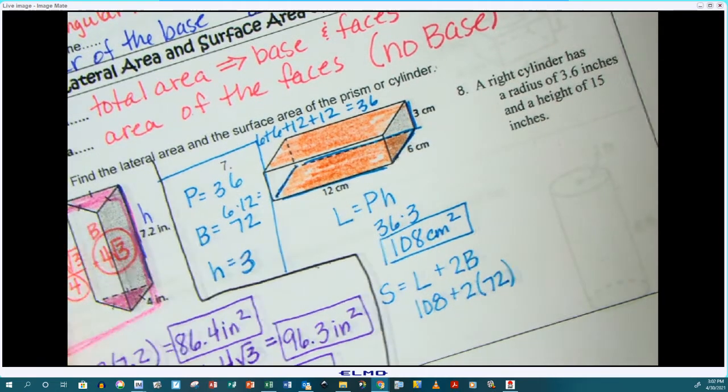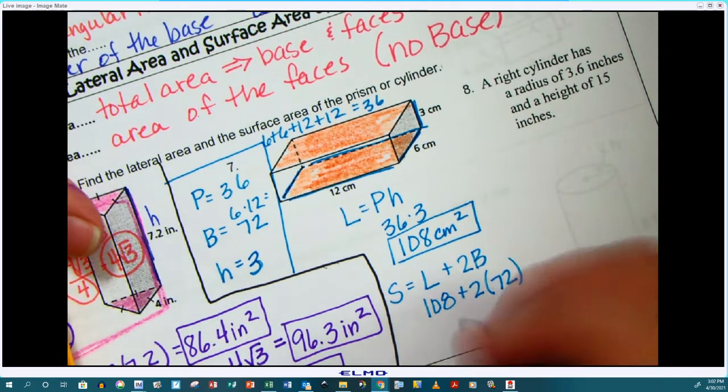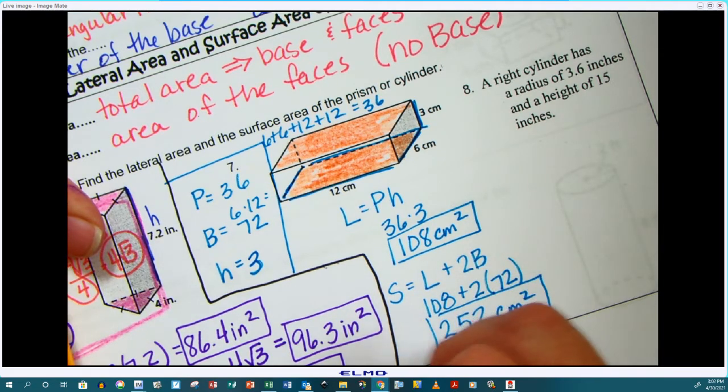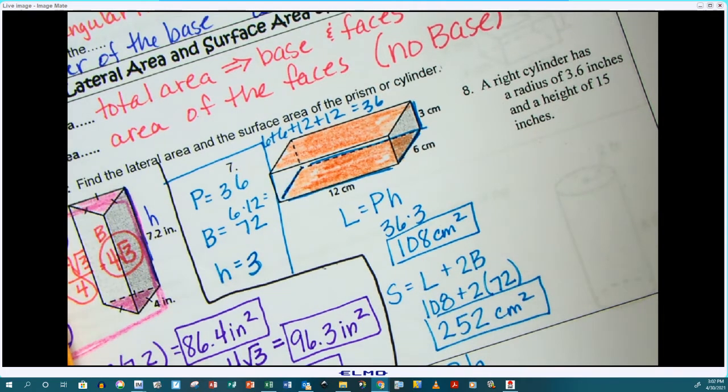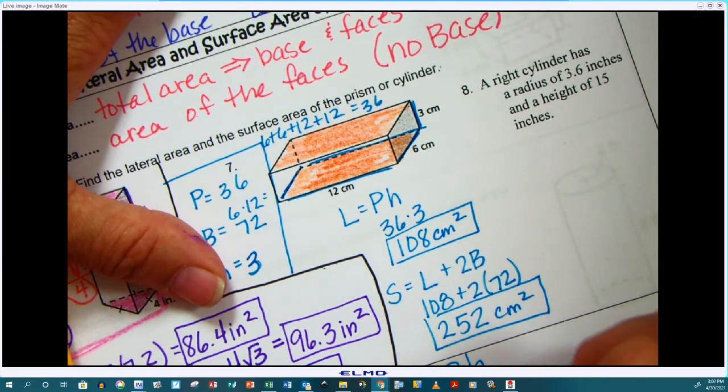So that's 108 plus 144. 252 centimeters squared. Volume, BH. 72 times 3. 216 centimeters cubed.